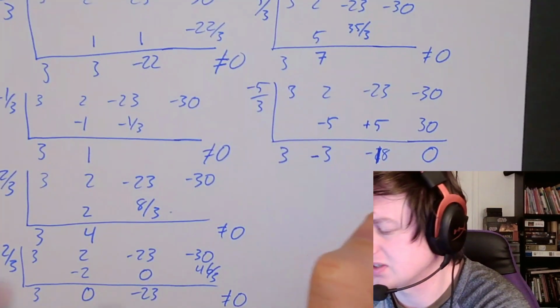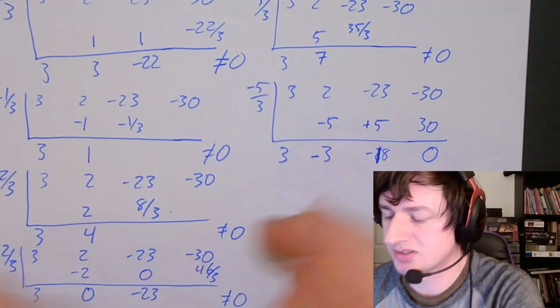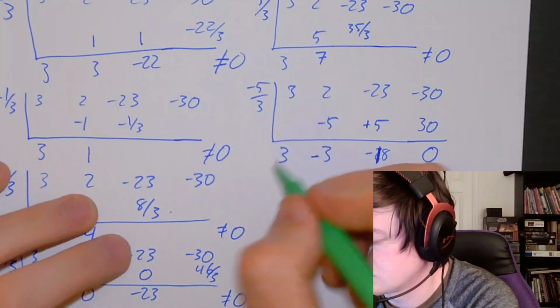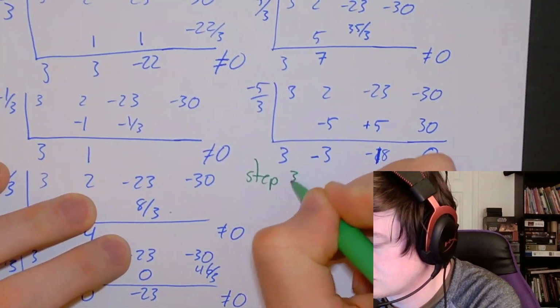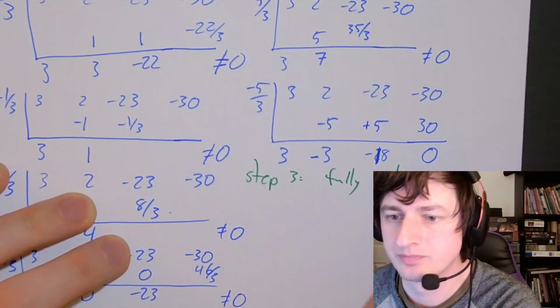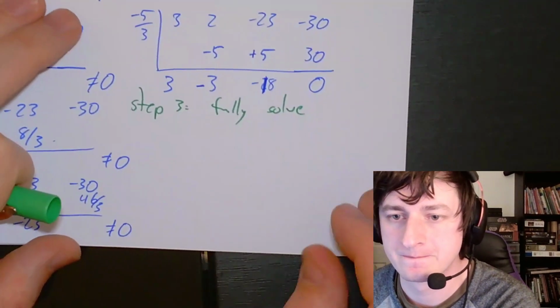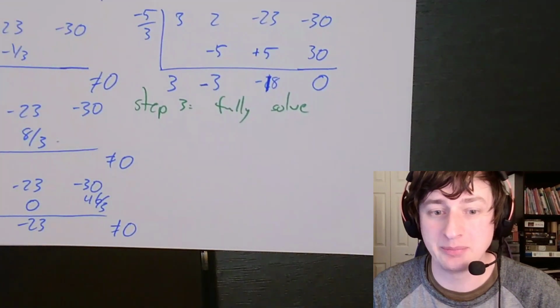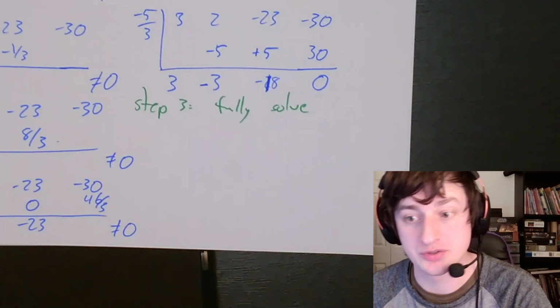And we talked about this a little bit, but we can write this as step 3 here. Step 3 is going to be fully solve this. We talked about this a little bit. I'm going to write this in a weird way first.